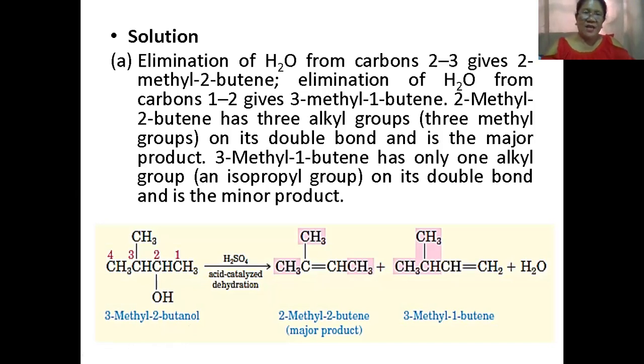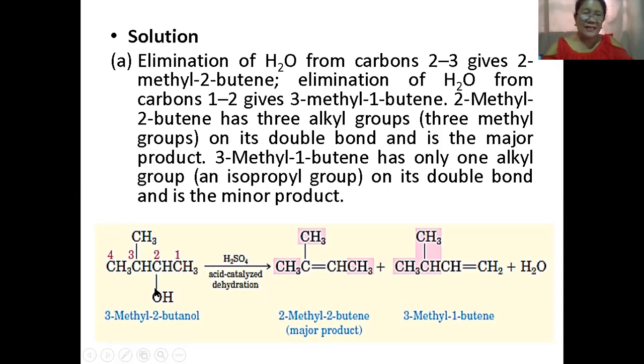We have the OH here. What is the first adjacent carbon? Your OH here will combine with H here to form CH3, C with a substituent, then double bond CH, CH3. This is 2-methyl-2-butene.